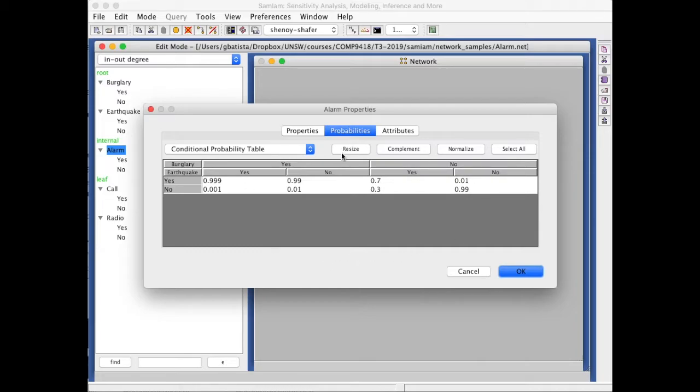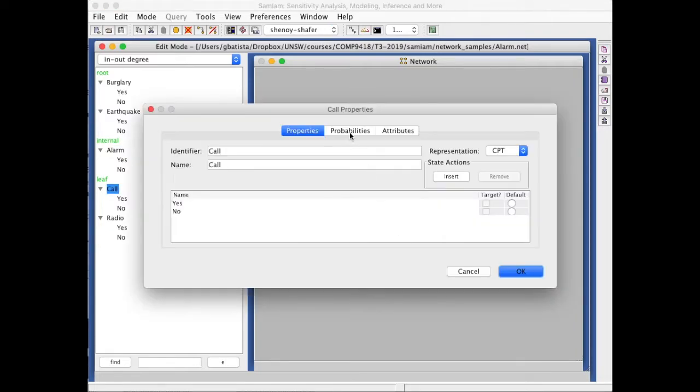For the alarm, as it has 2 parents, it has a larger conditional probability table. If we have burglary and earthquake, we have 0.999 probability of the alarm being activated. If we have a burglary but not an earthquake, it's 0.99. If we have just an earthquake, it's 0.7, and if we don't have either of them, just 0.01.